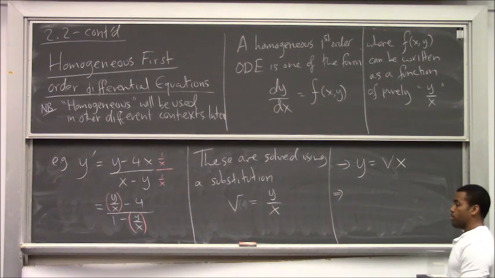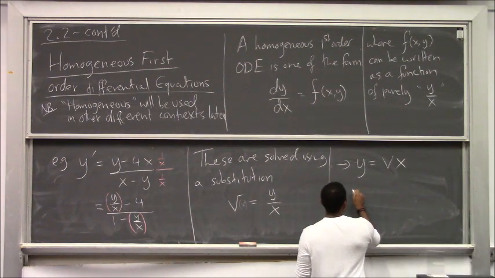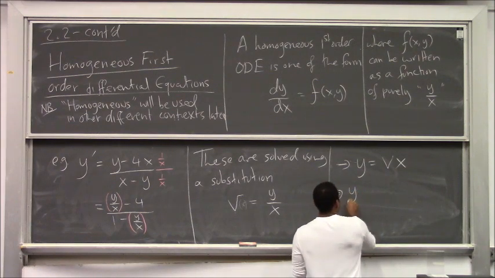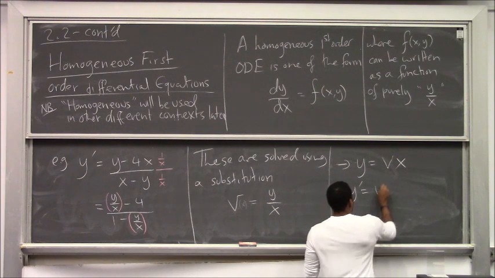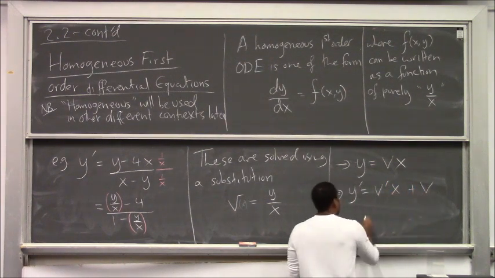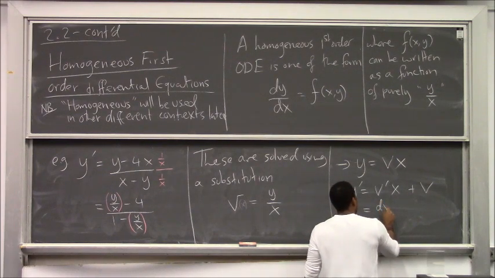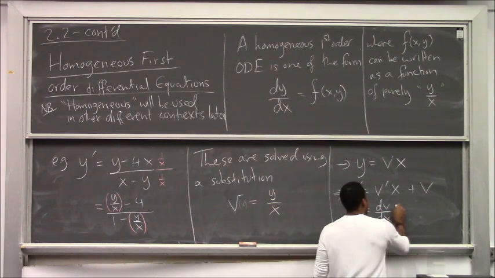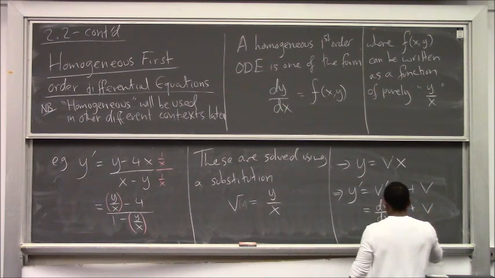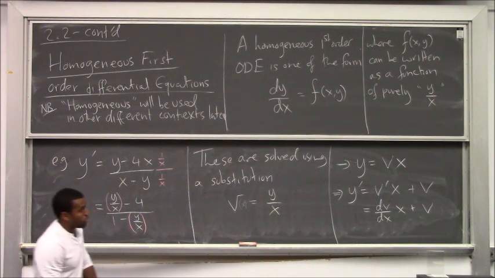How would you find y prime? Well, product rule, right. So what is that going to look like? v prime x plus v. Now, I'm going to want you to think of this as dv/dx at the moment. We're differentiating both sides with respect to x. It's going to be suggestive of what we're going to want to do.